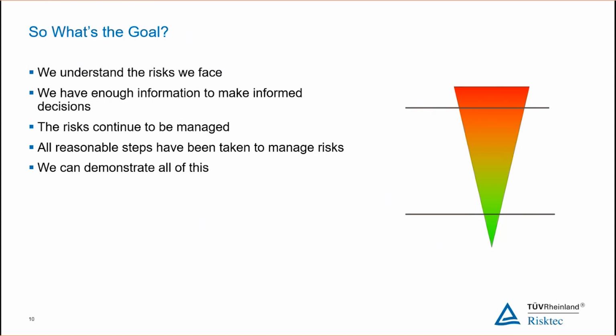There are other stakeholders. They may be regulators, partners, other organizations, the public, depending on the level of risk, that we can provide demonstration assurance that the risks remain the same, the controls remain the same, that the risks continue to be managed. Again, going back to this concept of through life throughout all of this.